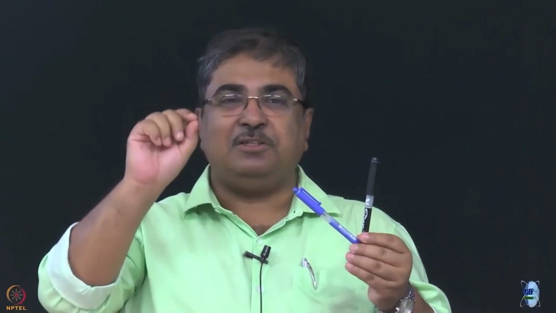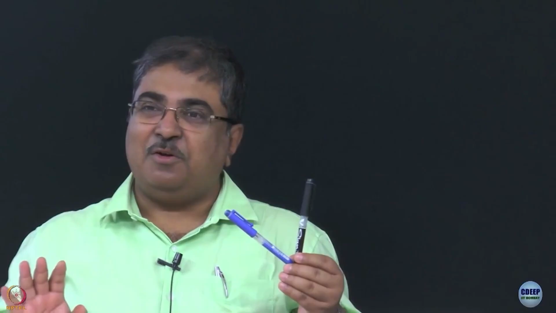So, for every value of theta, I am going to plot the refractive index, once for the O ray, once for the E ray, once for the ordinary ray, once for the extraordinary ray. Can you tell me what shape I will get for the ordinary ray?